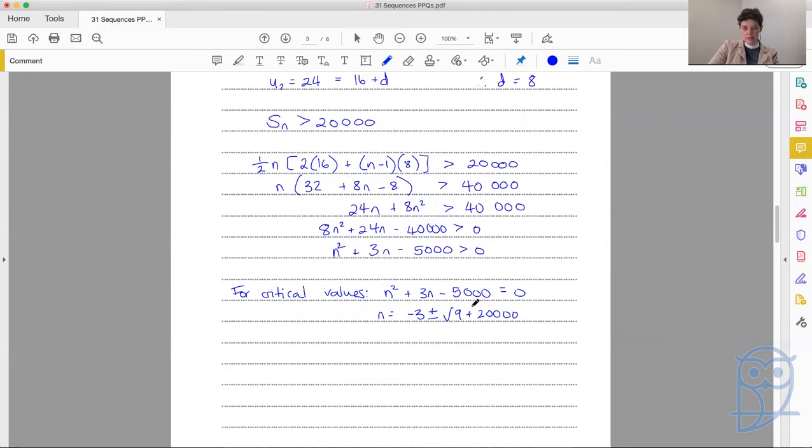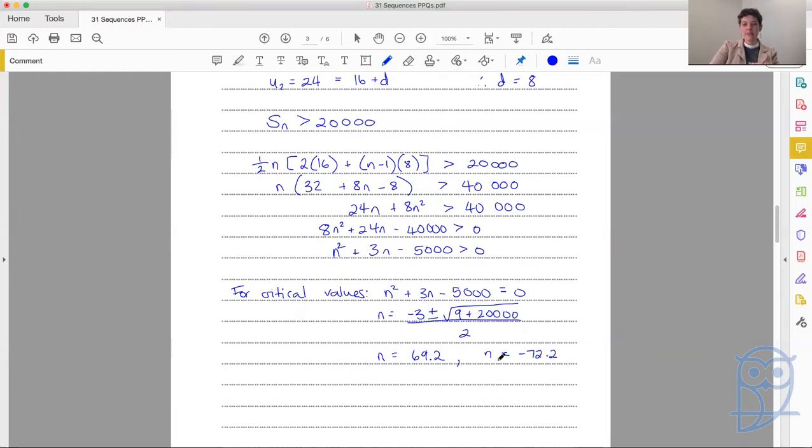Not missing any zeros. All over 2a. So we get n equals, with the use of a calculator, not the use of our heads, I have to admit, I don't know what the square root of 20,009 is. 69.2, and n equals minus 72.2.